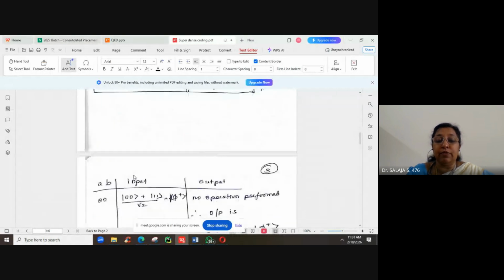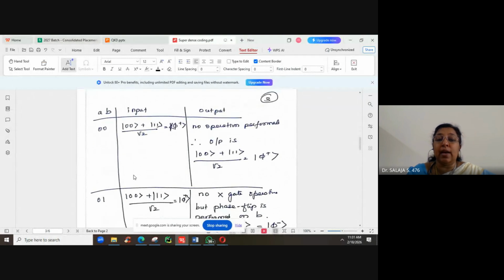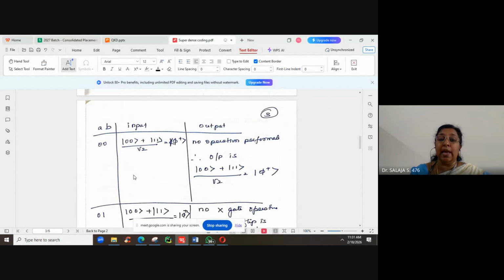With this information, the bits A and B can have two possibilities. A can be either 0 or 1, which can be transmitted. Similarly, B can also be 0 or 1, which is transmitted. If the bits are 0, 0, now phi plus is the entanglement bit which is provided over here.